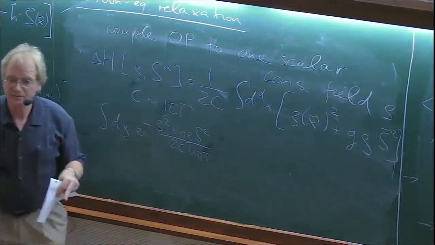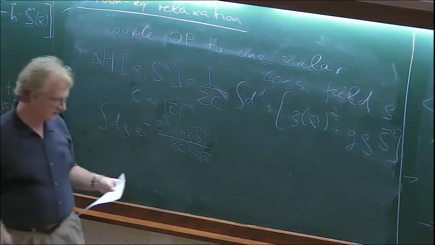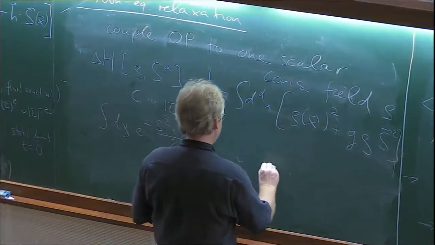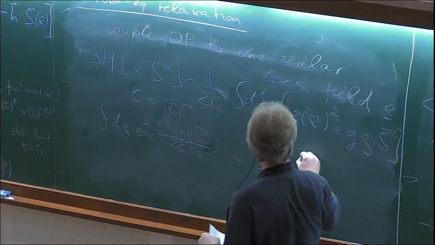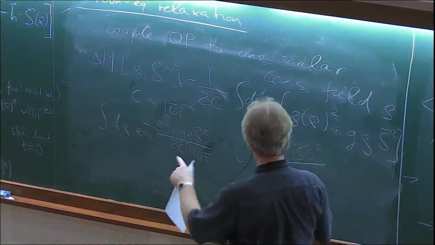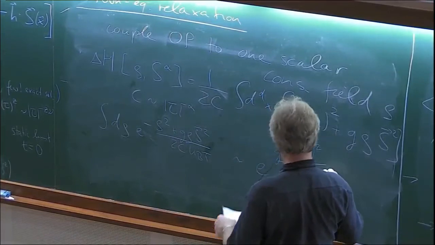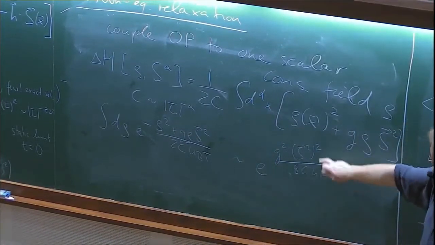And all you need to do is complete the square for this thing. I'm sure you can do that. It's a Gaussian integral, complete the square. And what you find is this is going to be proportional to the square of g, square of S squared, and then collect the factors, you get 8c kT. So this is of the form of something over kT with this stuff.